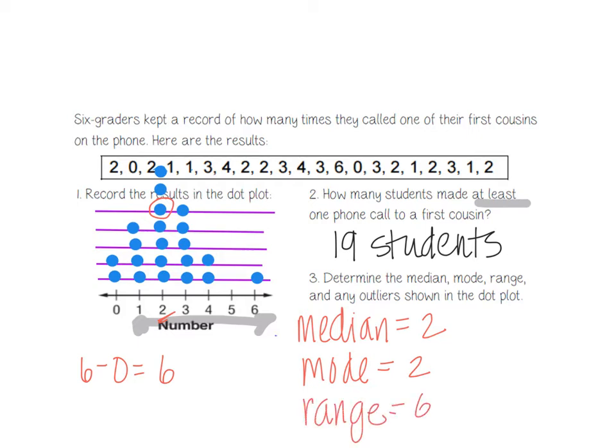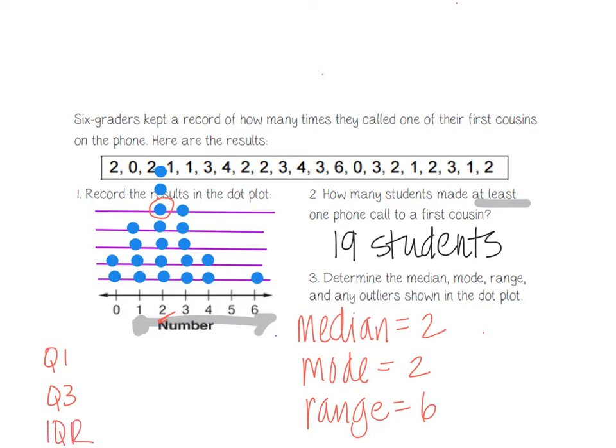So in order to get the outliers, I have to figure out what my Q1, Q3, and the IQR are. So the Q1 would be the middle of this bottom set, and there's 10 in that bottom set. So that tells me 1, 2, 3, 4, 5. 1, 2, 3, 4, 5. My Q1 is going to be 1 because 1 plus 1 is 2, divided by 2 is 1.